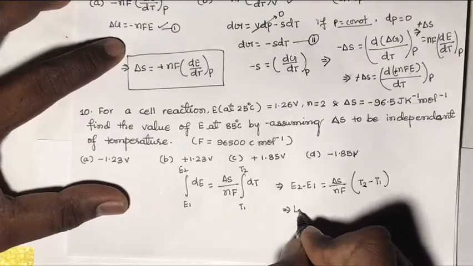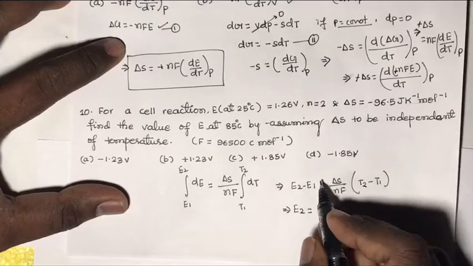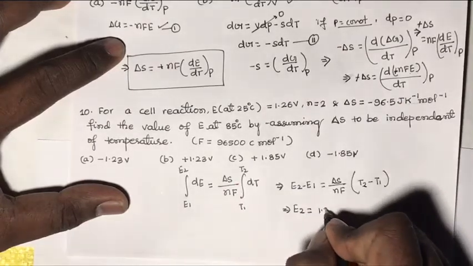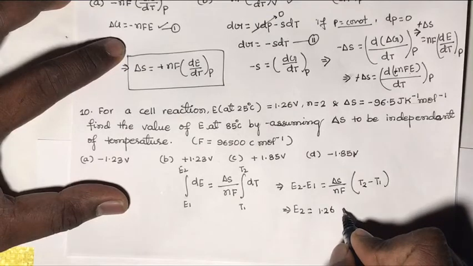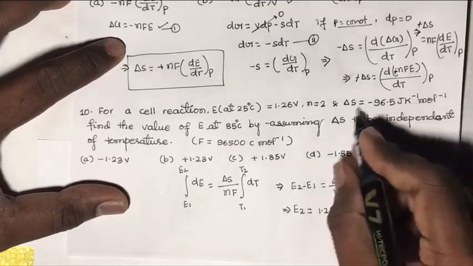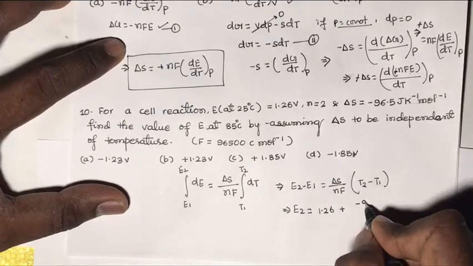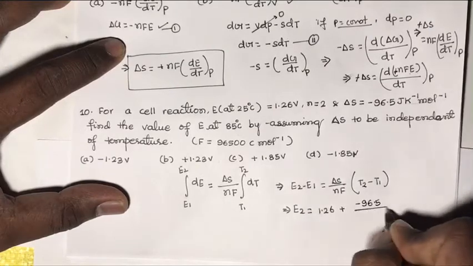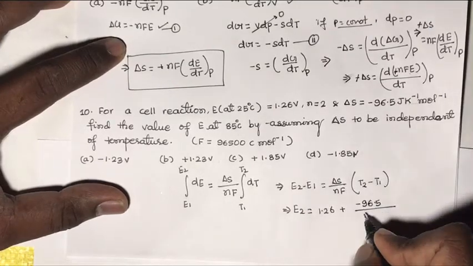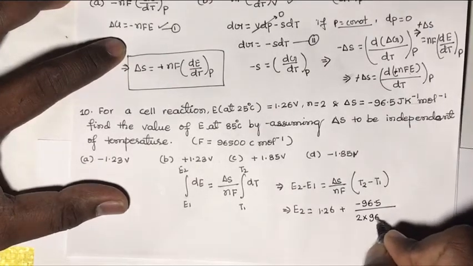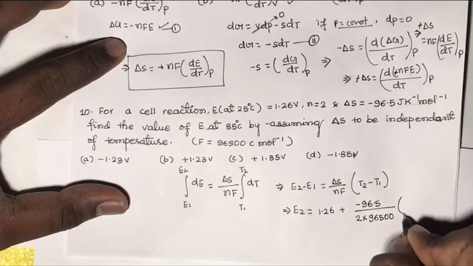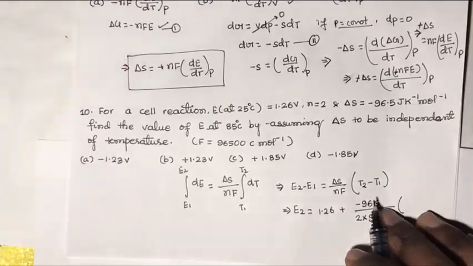So E2 equal to E1, the value of E1 is 1.26 volt, plus delta S, that is minus 96.5, upon N, that is 2, into the Faraday constant, that is 96500, times T2 minus T1.